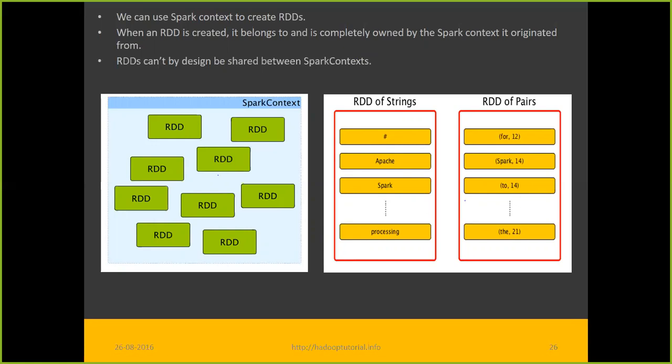If you create another Spark context object in some other program, you can't send this RDD as a parameter to that Spark context. Meaning, RDDs cannot be shared between Spark contexts.